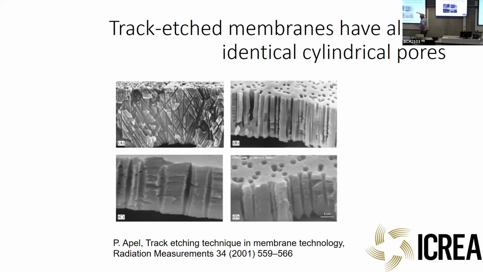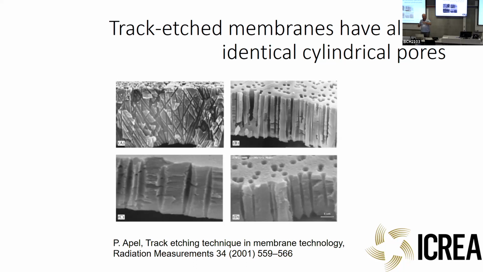I think you can see cylindrical pores, which are more or less parallel. There are also other varieties in how they are obtained. First, they irradiate a polymer film with heavy ions, and after that they etch the tracks.